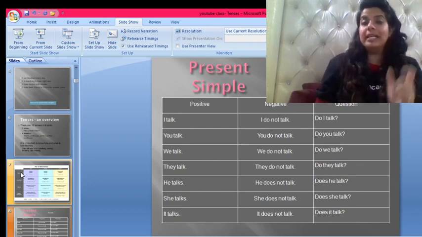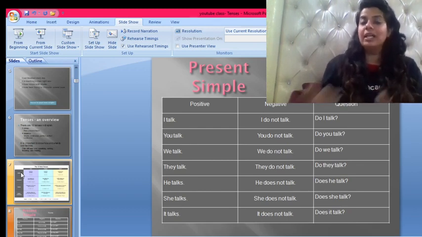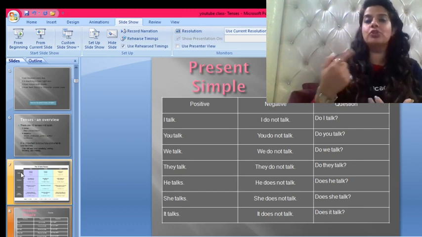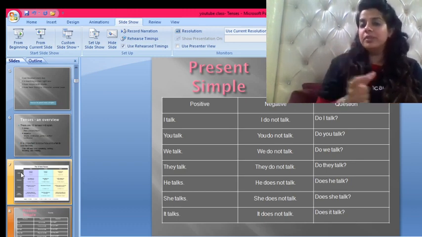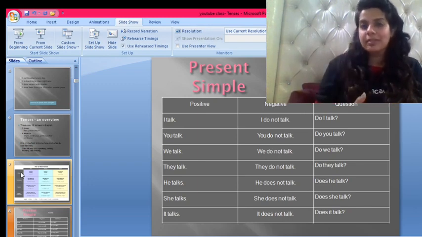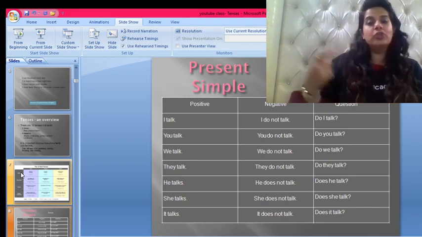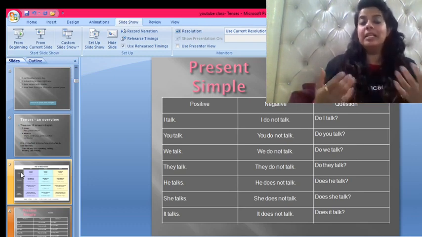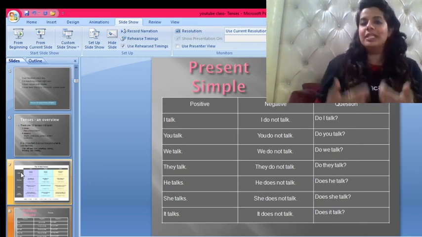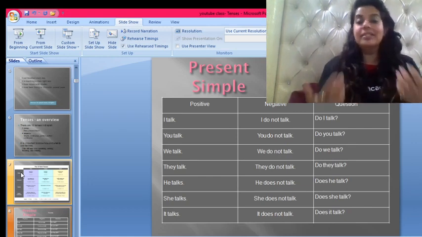But when we are negating he talks, we write he does not talk. So here, instead of do, we are using the helping verb does. He does not talk. We can also speak it as he doesn't talk. She doesn't talk. It doesn't talk.